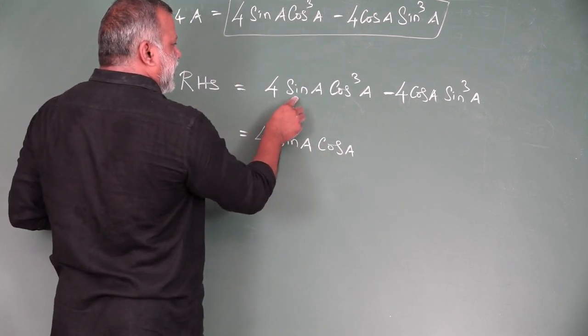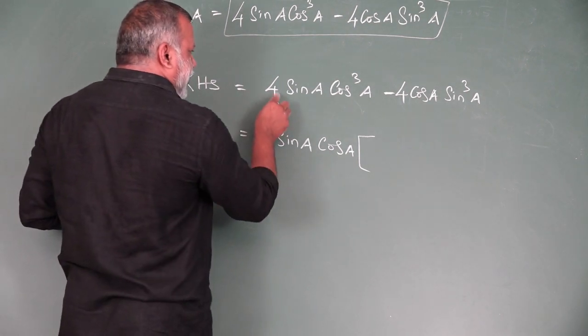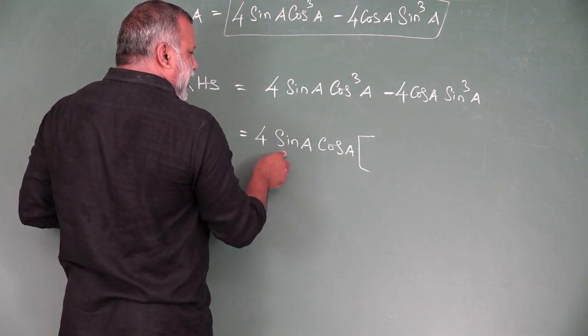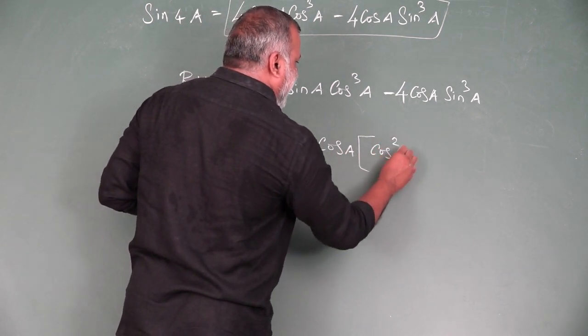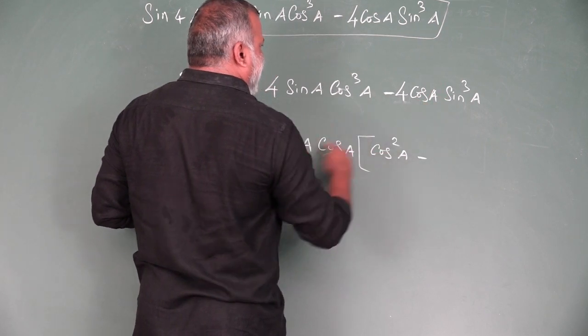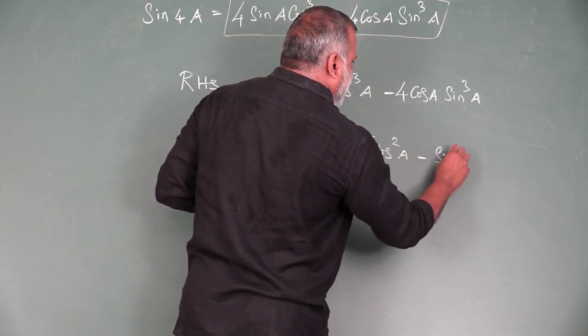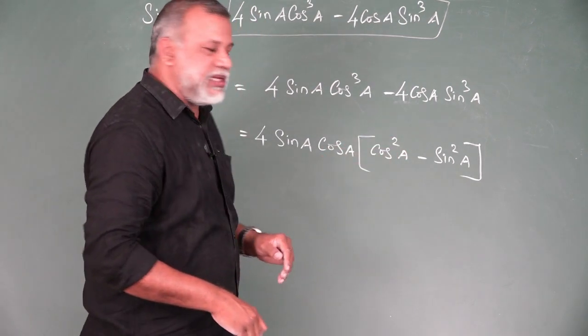So take out 4 sine A cos A as common. What is remaining? Cos squared A minus sine squared A.